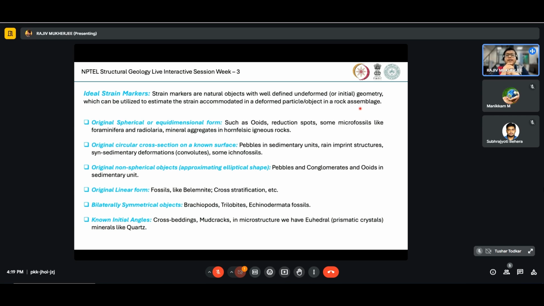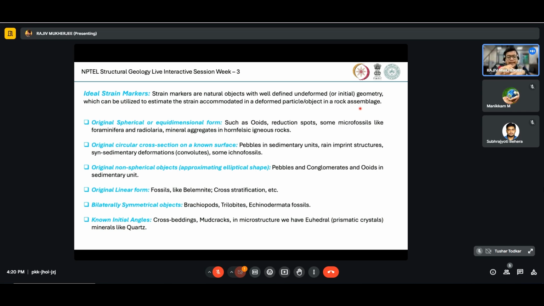But this assumption is pretty much erroneous because we do not know the initial shape of the object. So that means we do not have any reference based on which we can say with confidence, okay, so initial shape is like this, and from that particular shape, the shape changed to this, and therefore this is the pattern of the deformation that took place in this region.